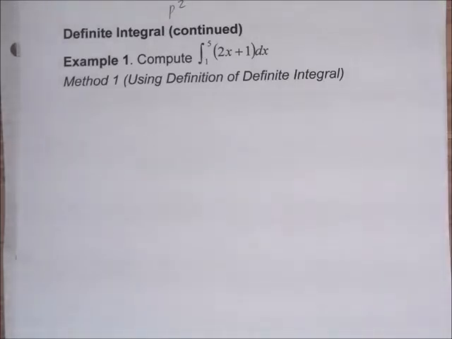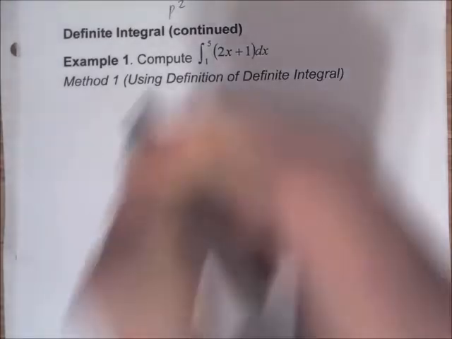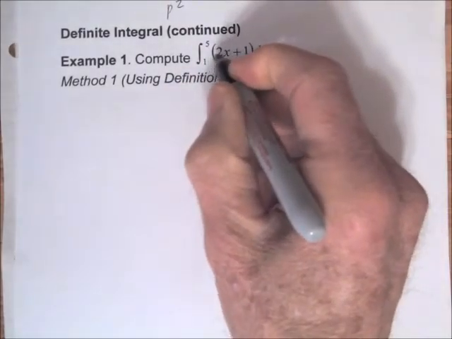So if we want to compute this integral here, it's the same process we did before. We can basically repeat the same pattern. It's just that the notation has changed now.